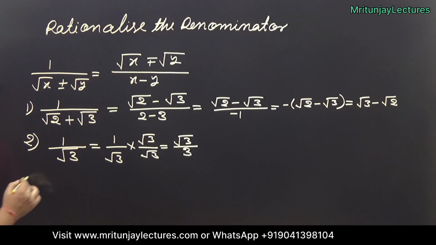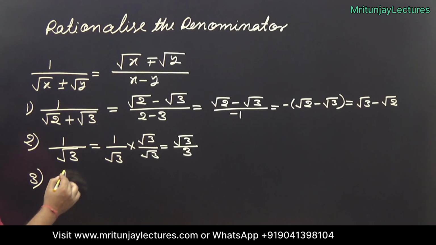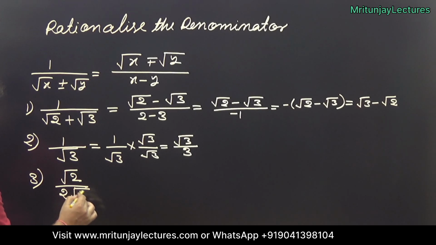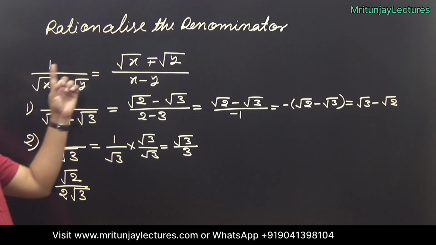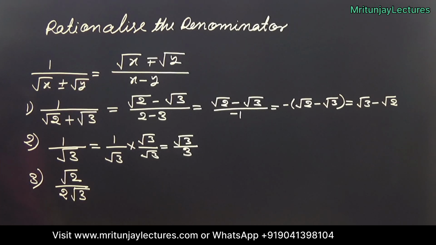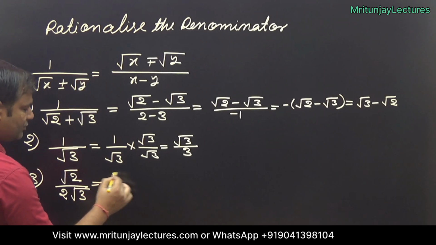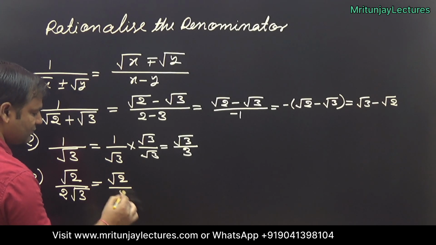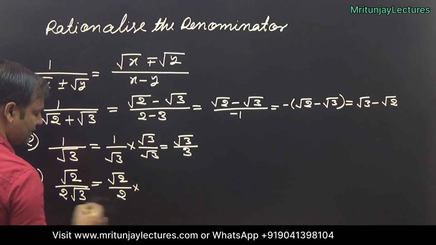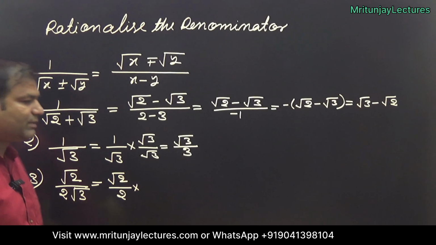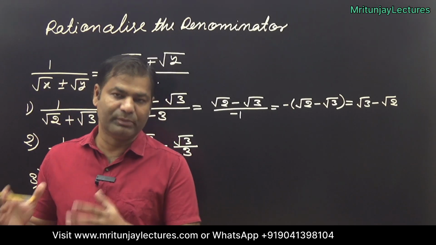Now the third question is root 2 divided by root 2 into root 3. How can we rationalize the denominator roots? Root 2 over root 2 cancels, leaving 1 divided by root 3. What is our motto? Our motto is to remove the denominator roots.